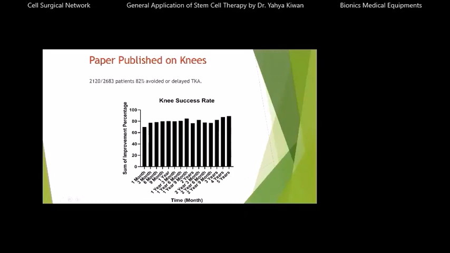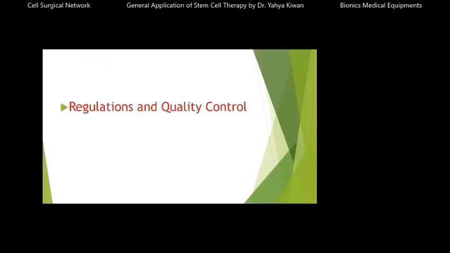You could see the efficacy as a percentage of improvement of the joint symptoms, and they have certain parameters, with results even after 5 years. So we do have significant improvement in people treated for osteoarthritis by local and intravenous injection of SVF.